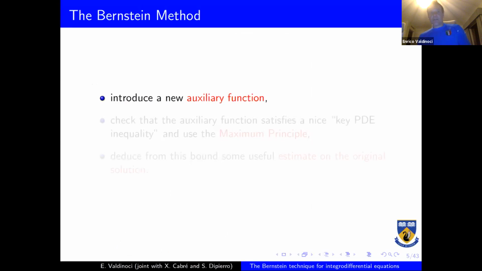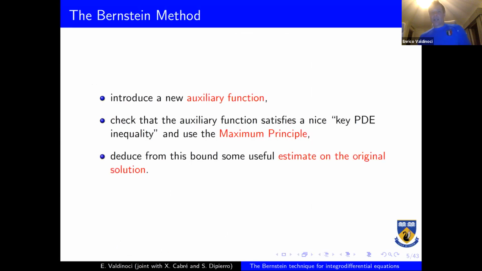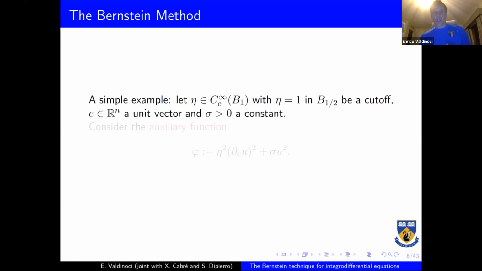So the idea of the method was exactly to introduce an auxiliary function that satisfies some kind of key PDE inequality that leads to the maximum principle, and from this obtain estimates, for instance, on the gradient or the second derivative of the solution. So in the simplest possible formulation, the Bernstein method considers the solution U and an auxiliary function that is built from a cutoff.